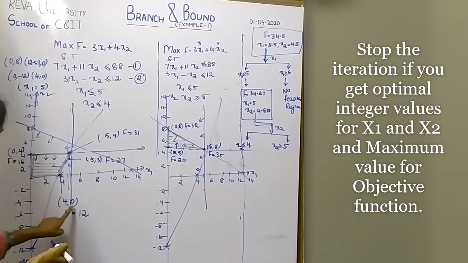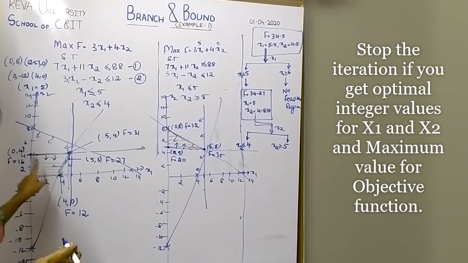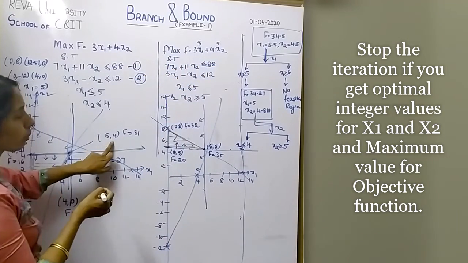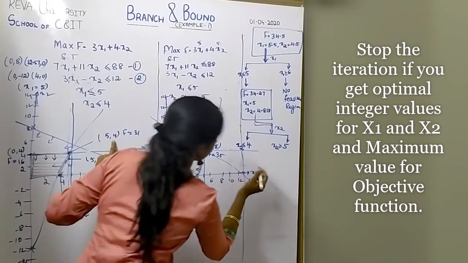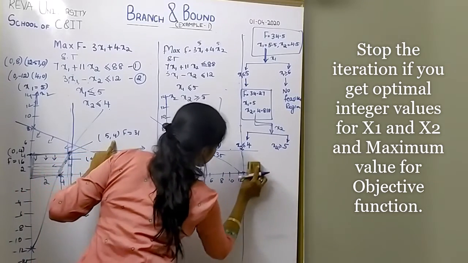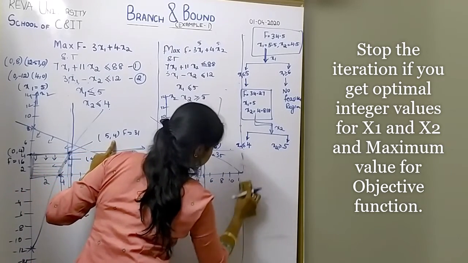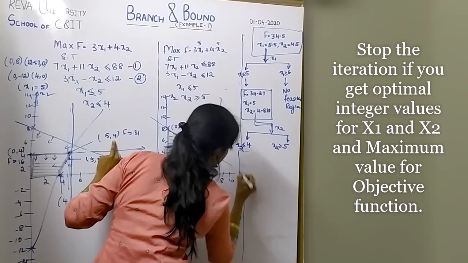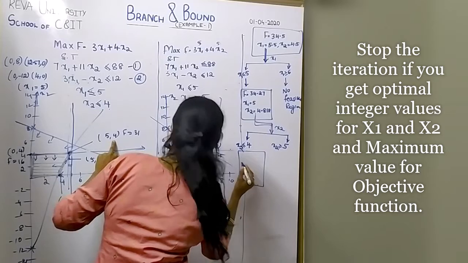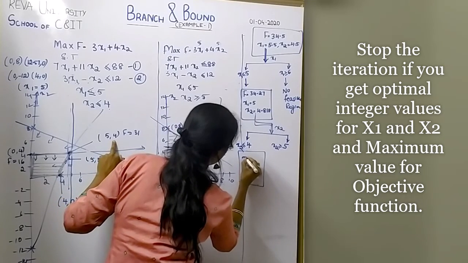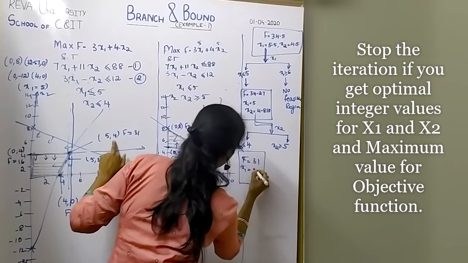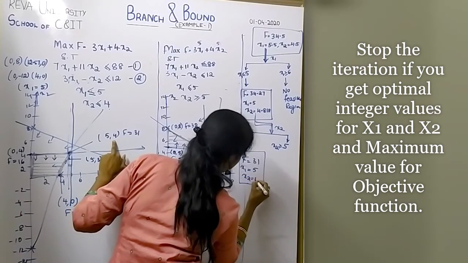And for 4, 0 you get 12. Which gives the maximum objective function within this region? This 5, 4, f is equal to 31. So f is equal to 31, x1 is equal to 5, x2 is equal to 4.